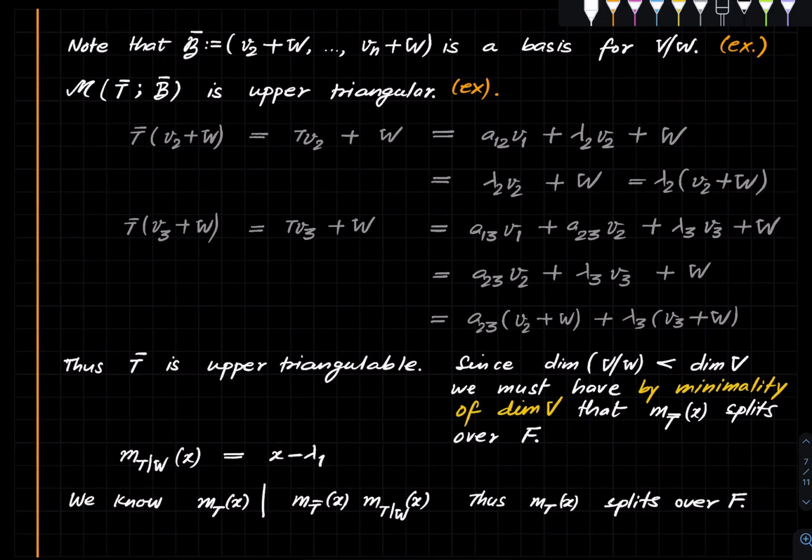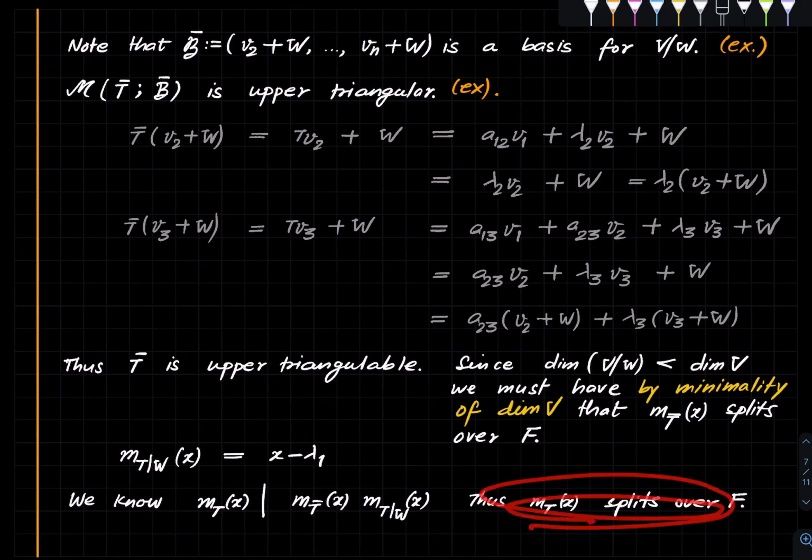So if you want to really justify this last step, why does this split? You use the unique factorization theorem. You can factorize this as a product of irreducibles, and then every irreducible will divide this guy. And since degree 1 polynomials are also irreducibles, every irreducible here is dividing a degree 1 polynomial. But if something divides a degree 1 polynomial, the degree of the divisor should be at most 1.